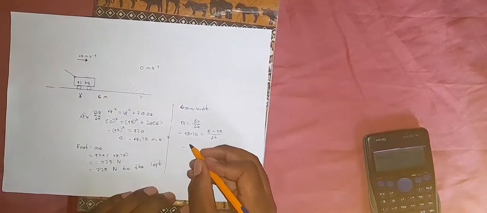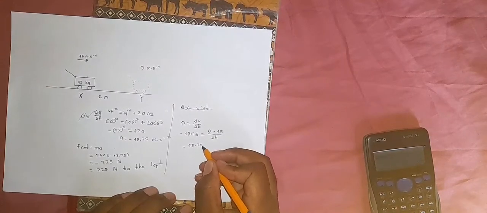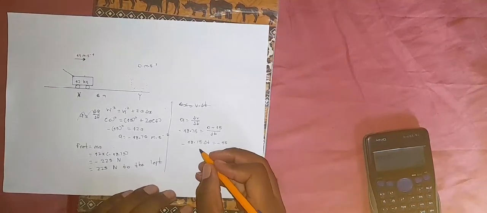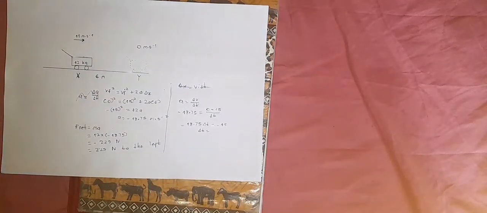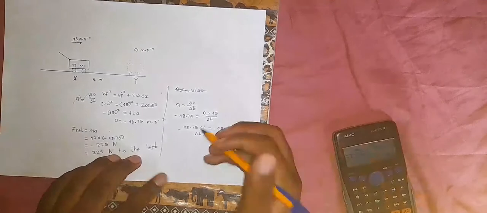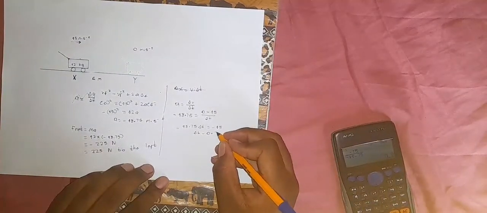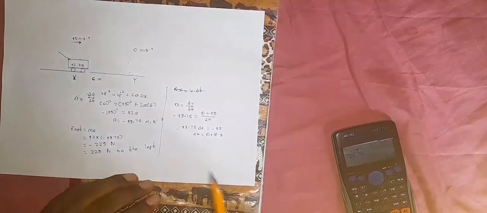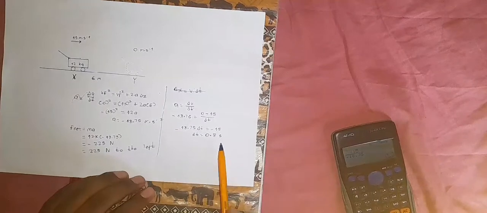We will have minus 18.75 times the change in time equals minus 15. So the change in time equals minus 15 over minus 18.75. I get a value of 0.8 seconds.